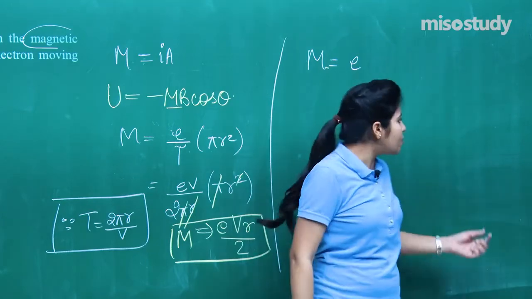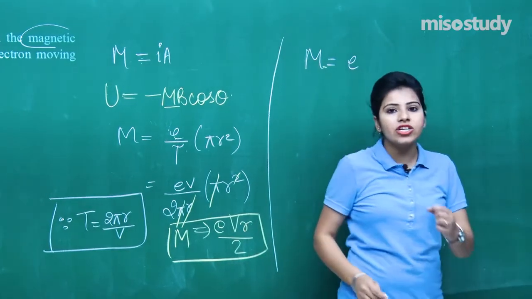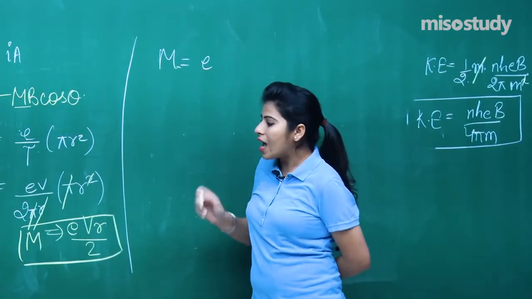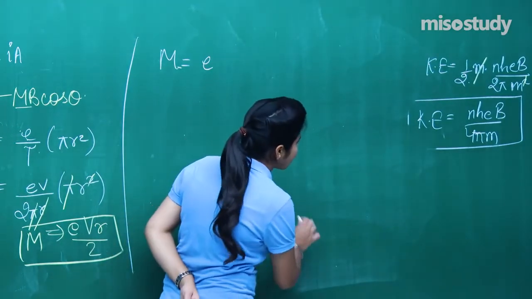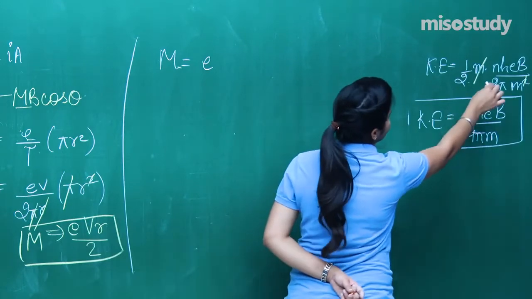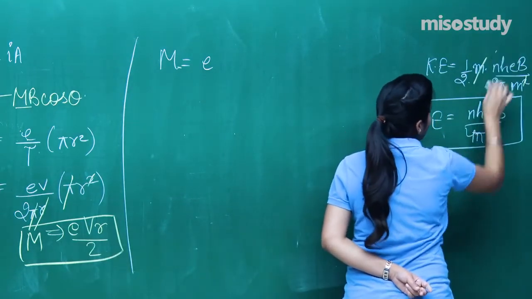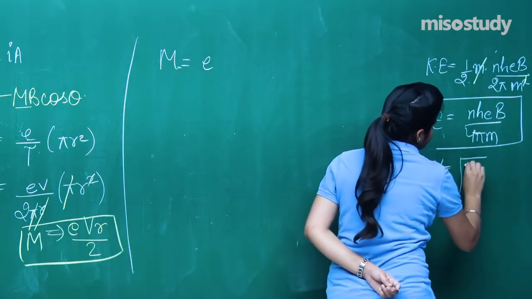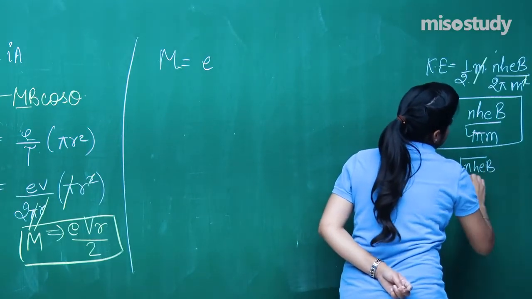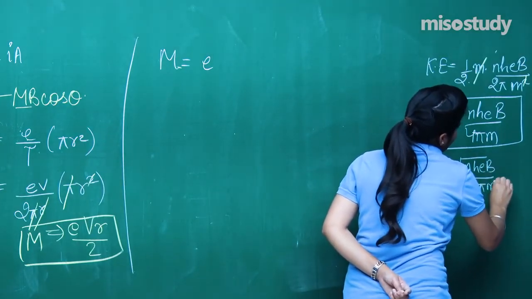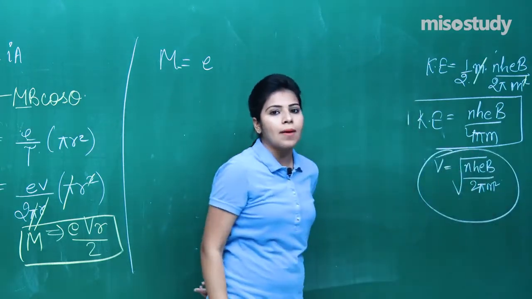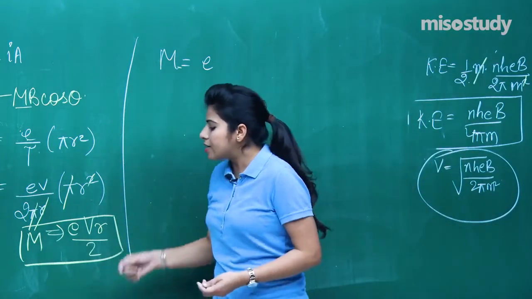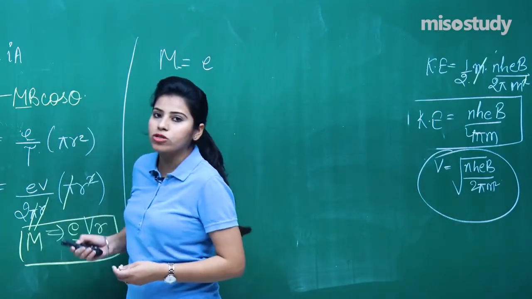We have found the value of kinetic energy and velocity. Your velocity came out from half m v square. Now this was your velocity from the previous question, and let us see what the radius was.